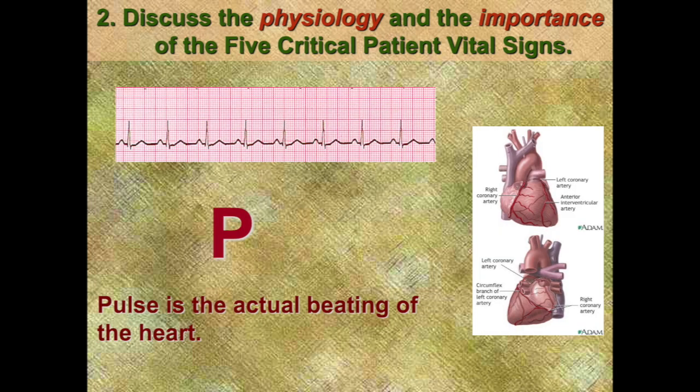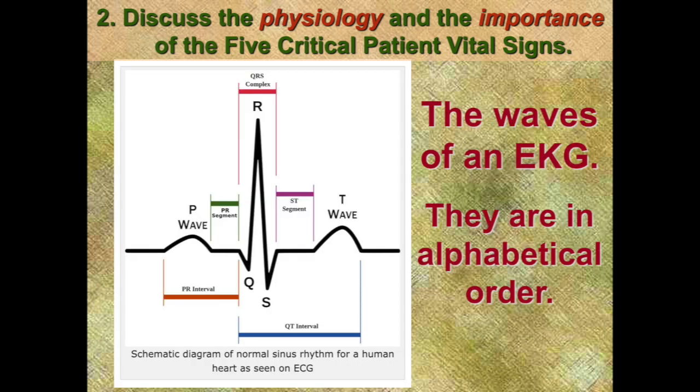Let's talk about pulse. Pulse is the actual beating of the heart. You need to know each of these waves and then what they mean. Each one of these waves represents something physiologically that's happening with the patient. Make sure you know this cold. Know what a P wave is. Notice it goes in alphabetical order.